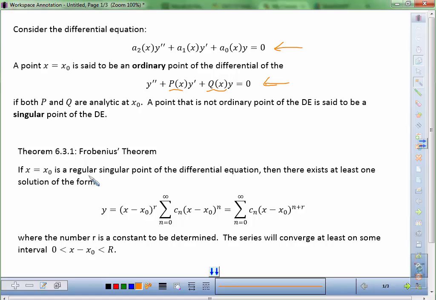In this section, section 6.3, we're going to consider regular singular points, so points that are not analytic, but they satisfy some condition that's easy enough for us to deal with.